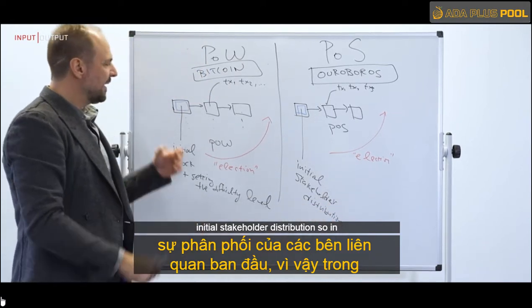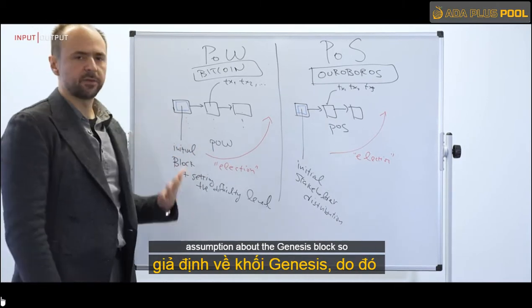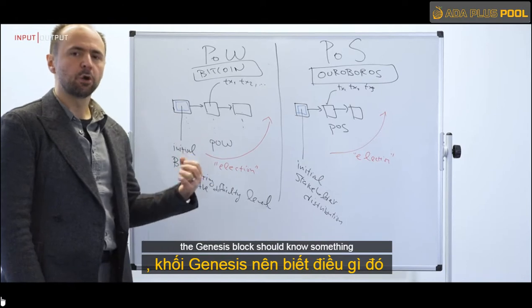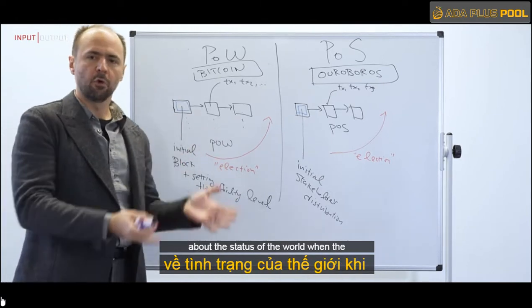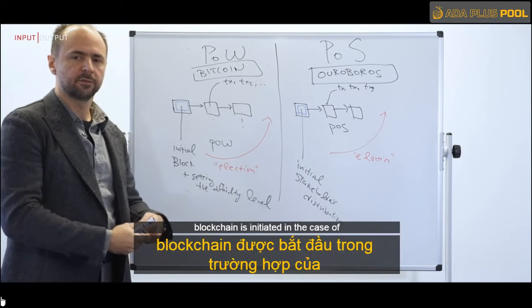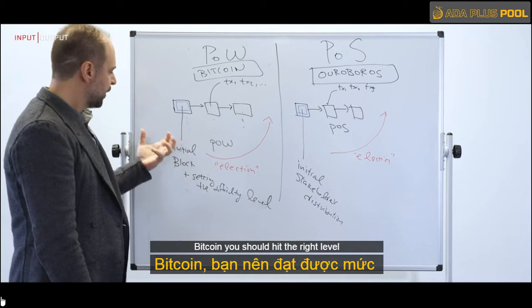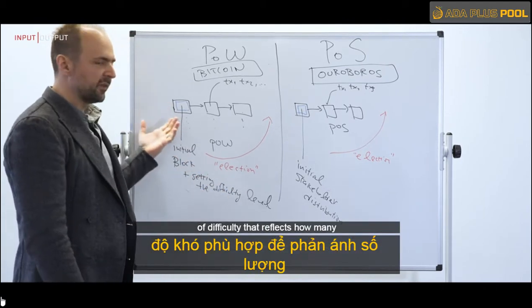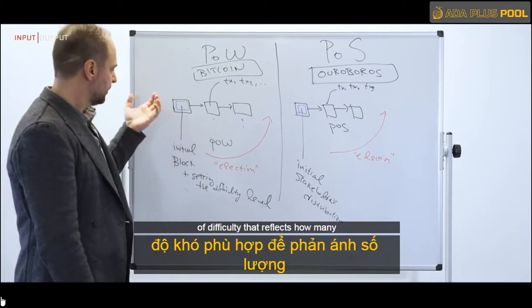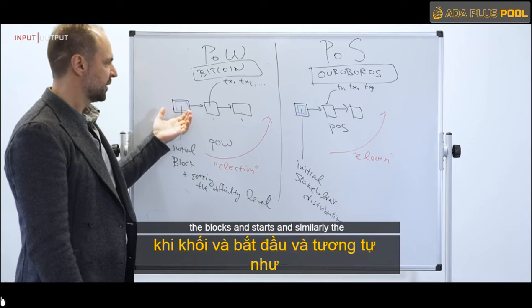So in both cases, there is going to be an assumption about the genesis block. So the genesis block should know something about the status of the world when the blockchain is initiated. In the case of Bitcoin, you should hit the right level of difficulty that reflects how many parties will be producing blocks when the blockchain starts.